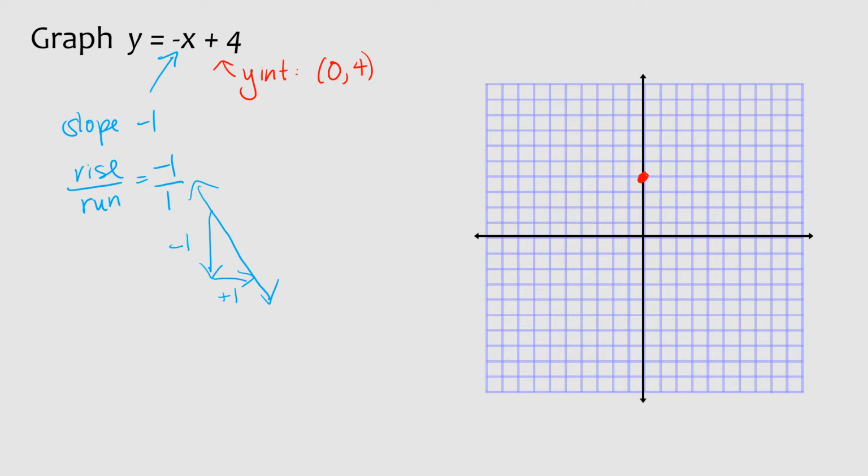Okay, so down 1 over 1, down 1 over 1, down 1 over 1, down 1 over 1, down 1 over 1. And then I can do the opposite over here. Okay, so as I go from left to right, it's down, over, down, over, down, over, down, over.